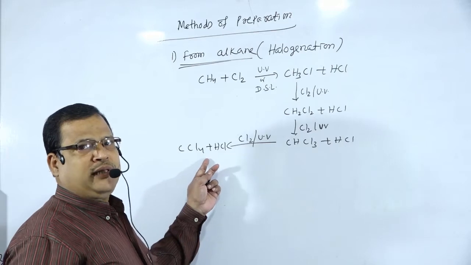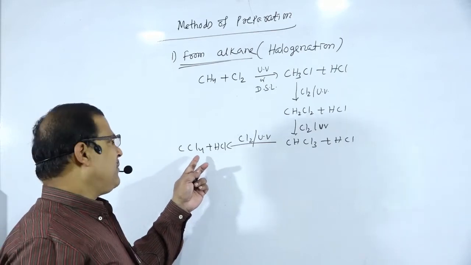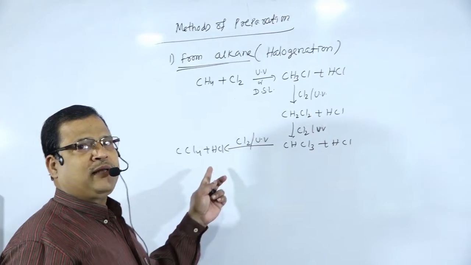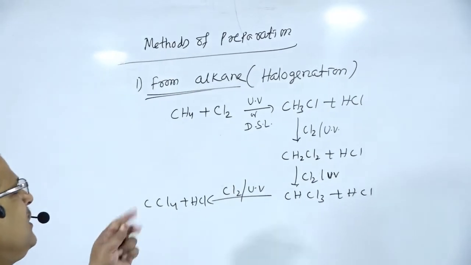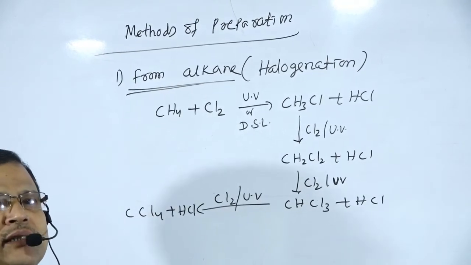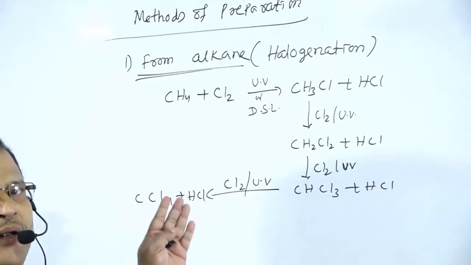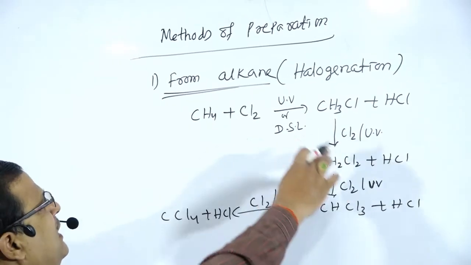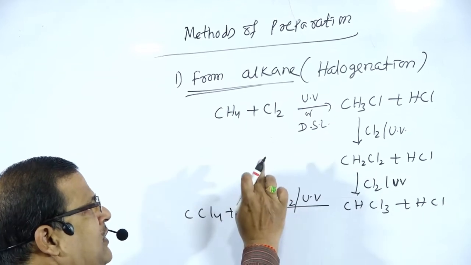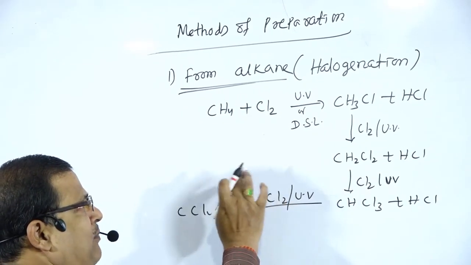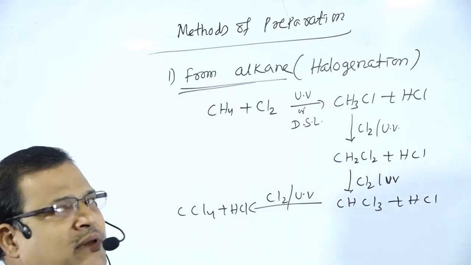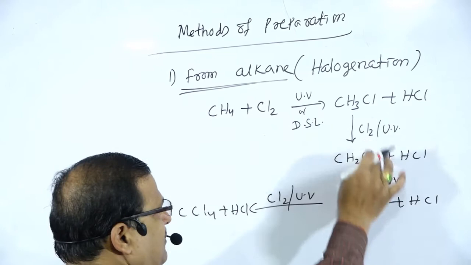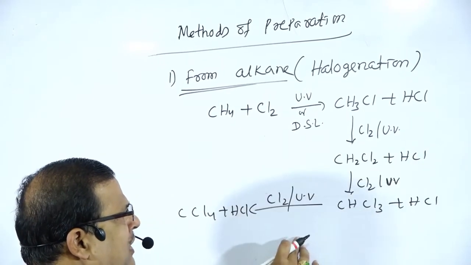The reaction proceeds till the formation of carbon tetrachloride, where all the hydrogen atoms of methane are replaced by chlorine. These are substitution reactions. The hydrogen atom of alkane is replaced by chlorine. This process is known as chlorination, because a chlorine atom replaces hydrogen. This is a photochemical reaction that takes place in presence of sunlight.